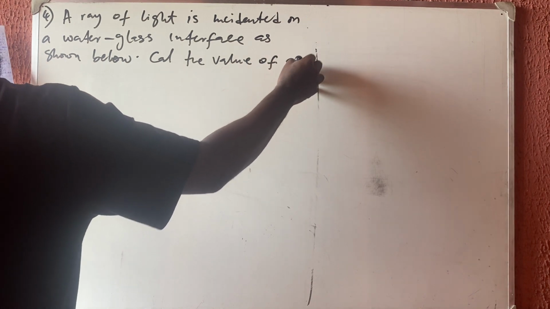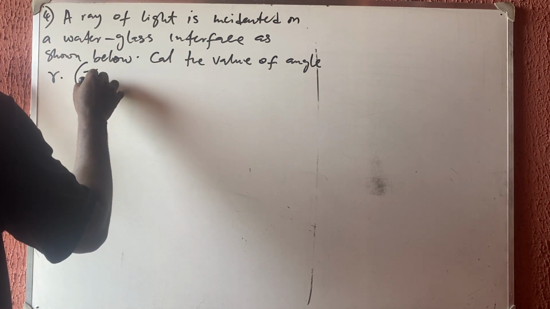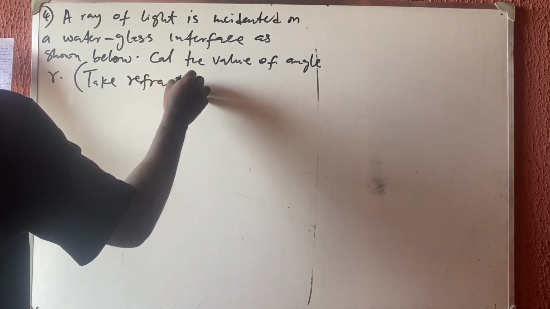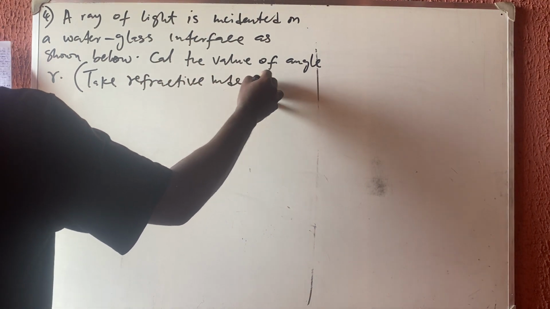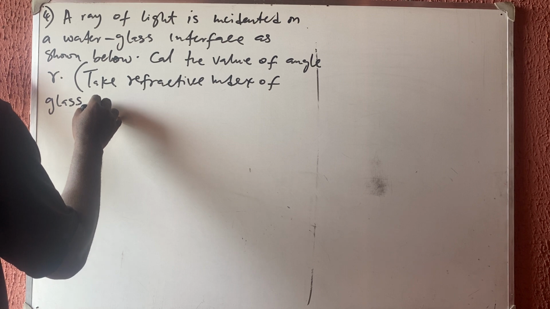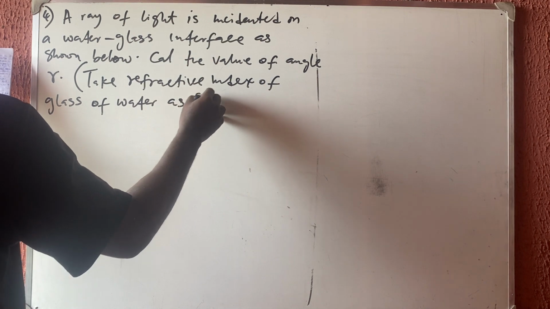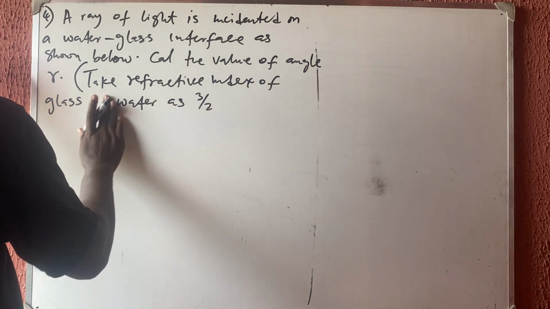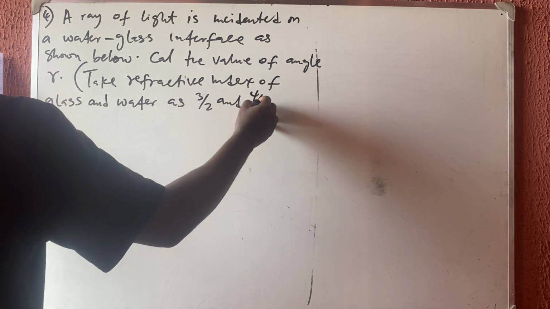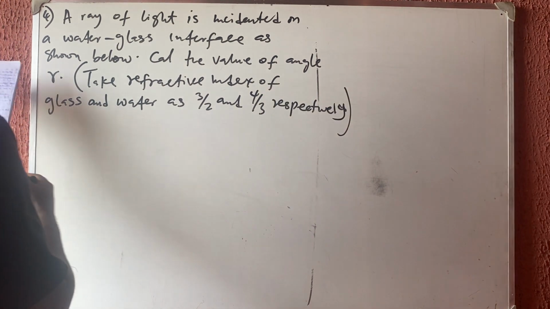Then I say you should take the refractive index of glass and of water as 3 over 2 and 4 over 3 respectively.